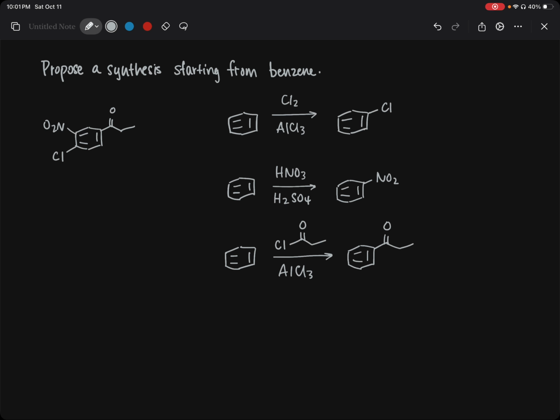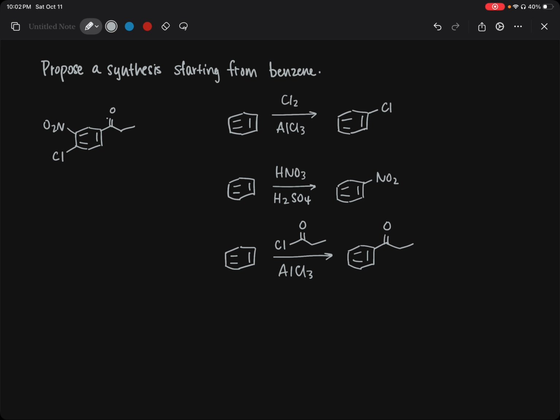So that means that we probably want to put the chloride on first before the nitro group, because if we've got a nitro group here, that's going to push any incoming substituents toward the meta position. Now the nitro group is meta to the acyl group. Okay, that's good. That means that we could install the acyl group after the nitro group, because the nitro group would direct an incoming group to this position.